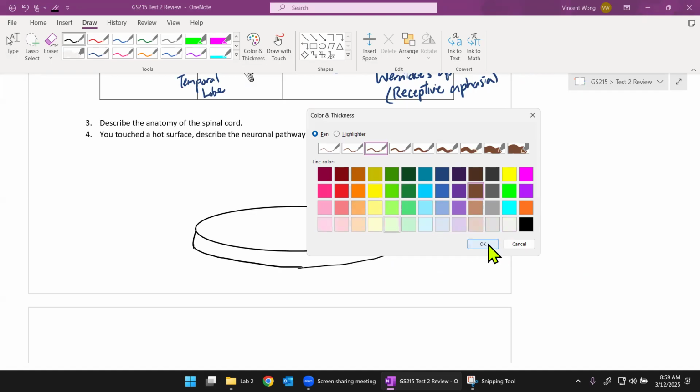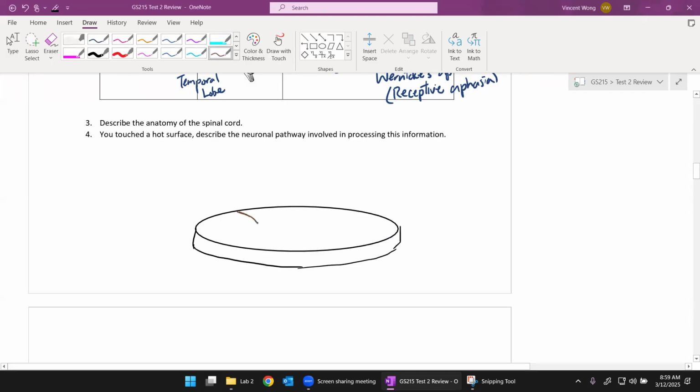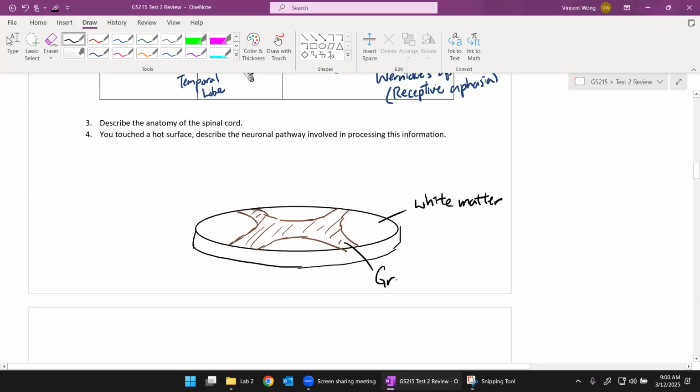It's more of a brownish color, but it's gray matter. And it's gray matter right here. White matter. This is gray matter.